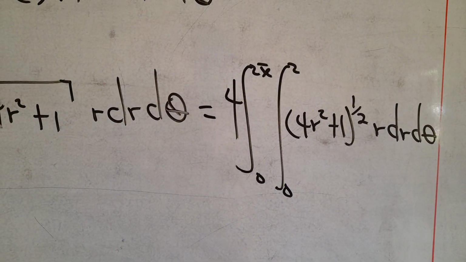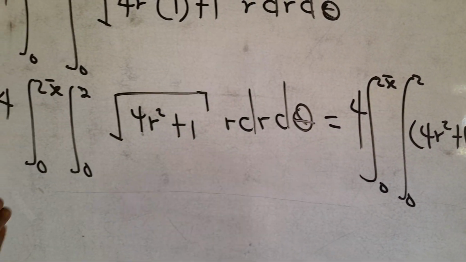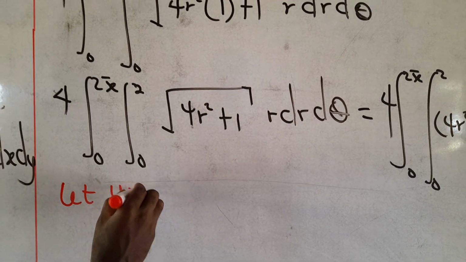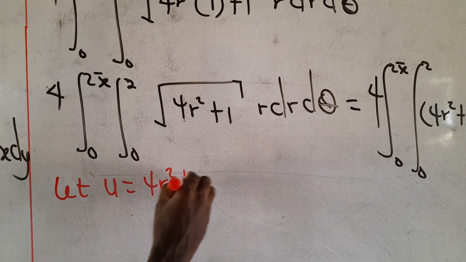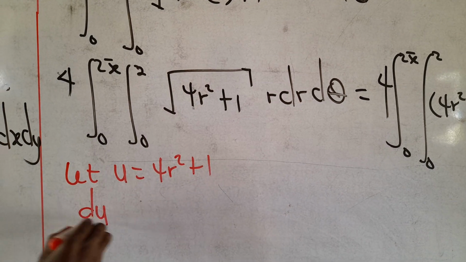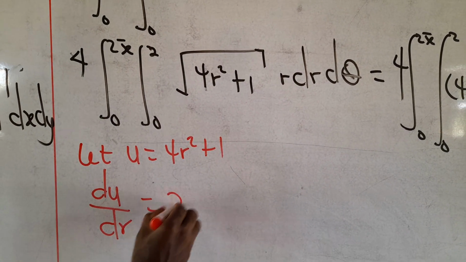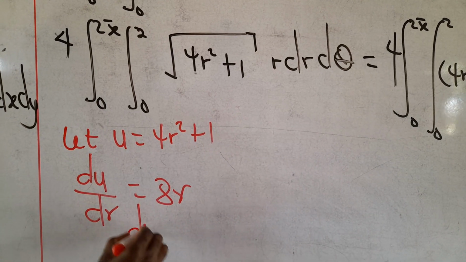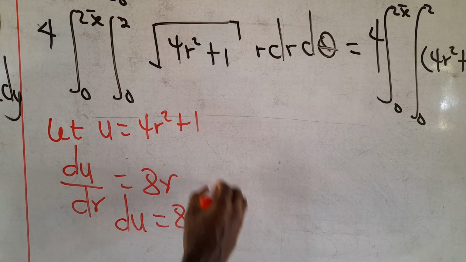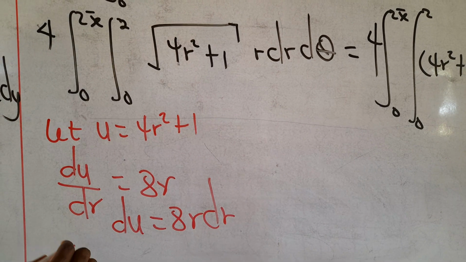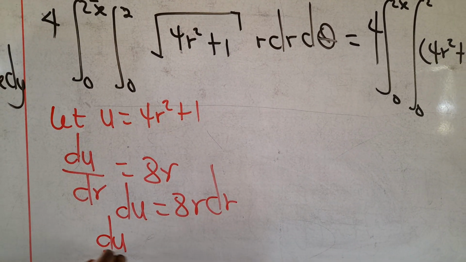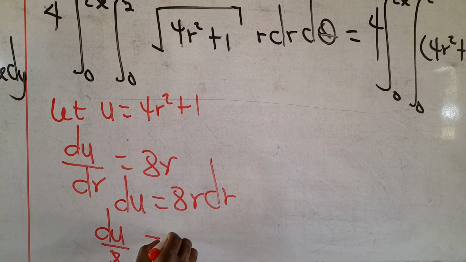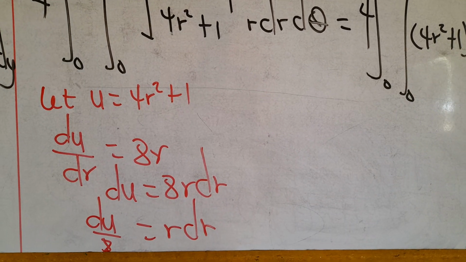So we let u be equal to 4r squared plus 1. Then du over dr will be equal to 8r. Multiplying both sides by dr, du will be equal to 8r dr. We divide both sides by 8, and we get du over 8 equals r dr.